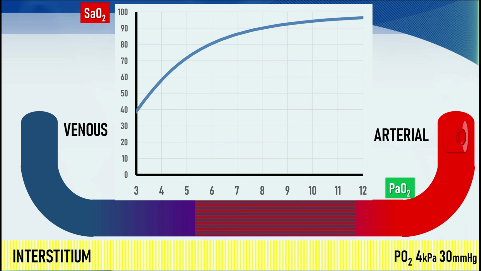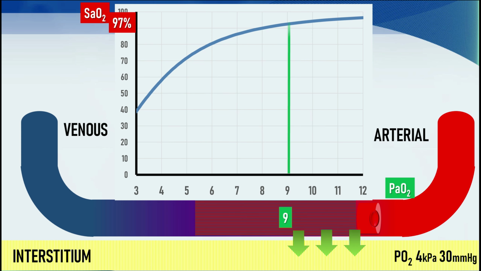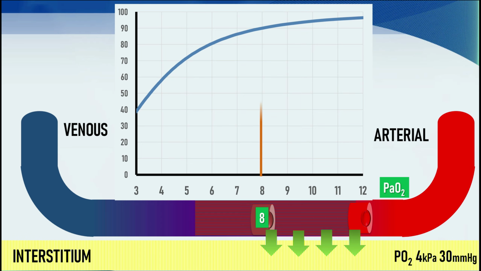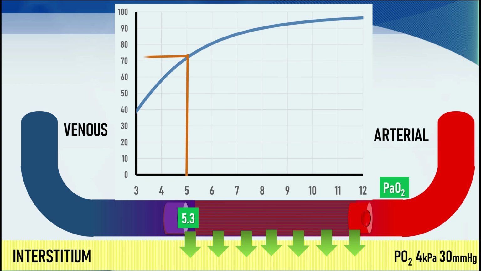Looking at the flat upper part of the curve in more detail, you can see that at relatively high oxygen tensions, oxygen is tightly bound to hemoglobin until a critical point is reached. You can see nothing much changes until we hit about 8 kilopascals. At this point, 90% saturation, the saturation per unit oxygen drops off quite considerably until we get to that mixed venous point of 5.3 kilopascals, 40 millimeters of mercury.